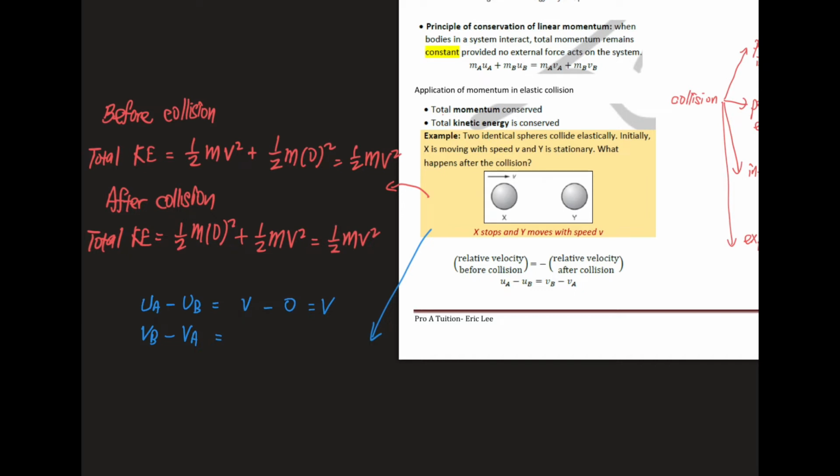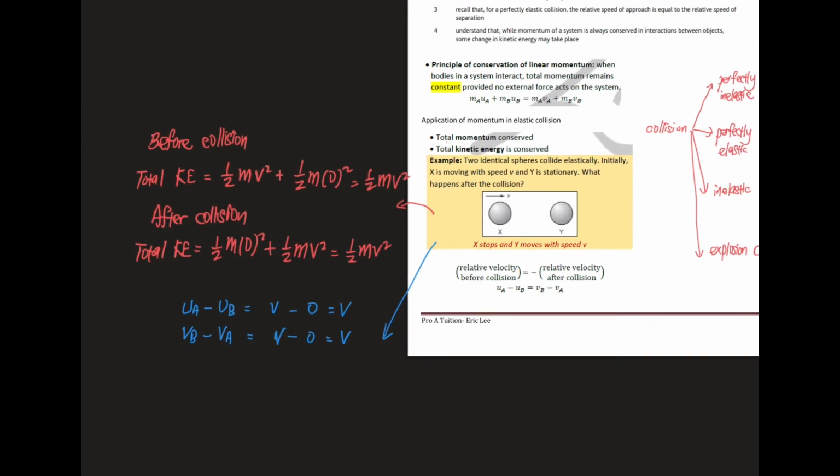VB is V now, and VA is 0. From here you can see they are the same, so these two can equal each other. And this formula is correct for perfectly elastic collisions only. Okay, now let's move on.